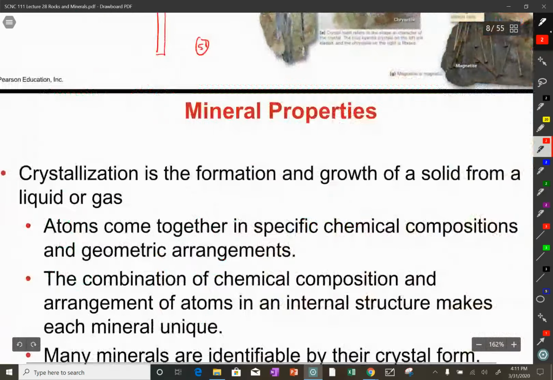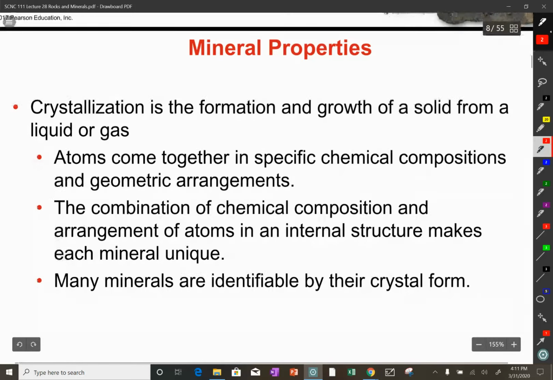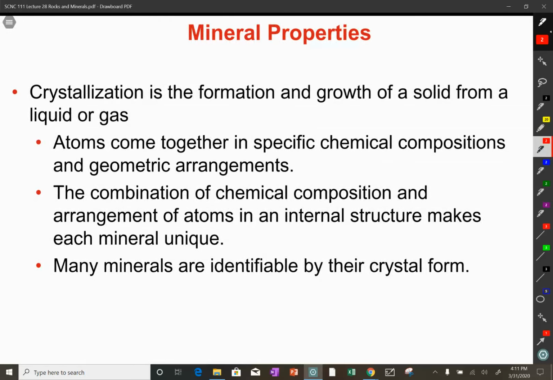So let's look at these properties a little more carefully. So crystallization is the process of forming a crystal, growing a crystal. And you can grow from liquid or gas. When I was doing my research in graduate school, I worked with sapphire. And sapphire is a crystal that is grown in an aqueous solution, in a water solution.